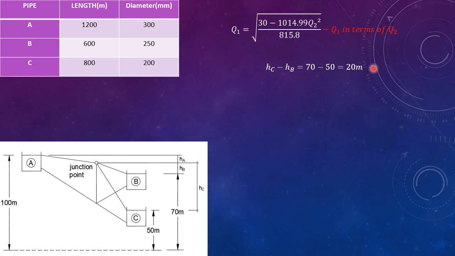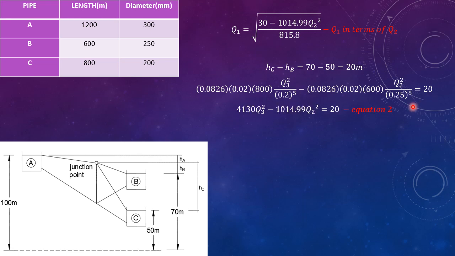Using, once again, the Darcy-Weisbach formula, we have for HC 0.0826, F is 0.02, L3 is 800 meters, Q3 is unknown, D3 is 0.2 meter. Minus, for HB we have 0.0826, L2 is 600 meters, Q2 is unknown, D2 is 0.25 meter, and this is all equal to 20 meters.